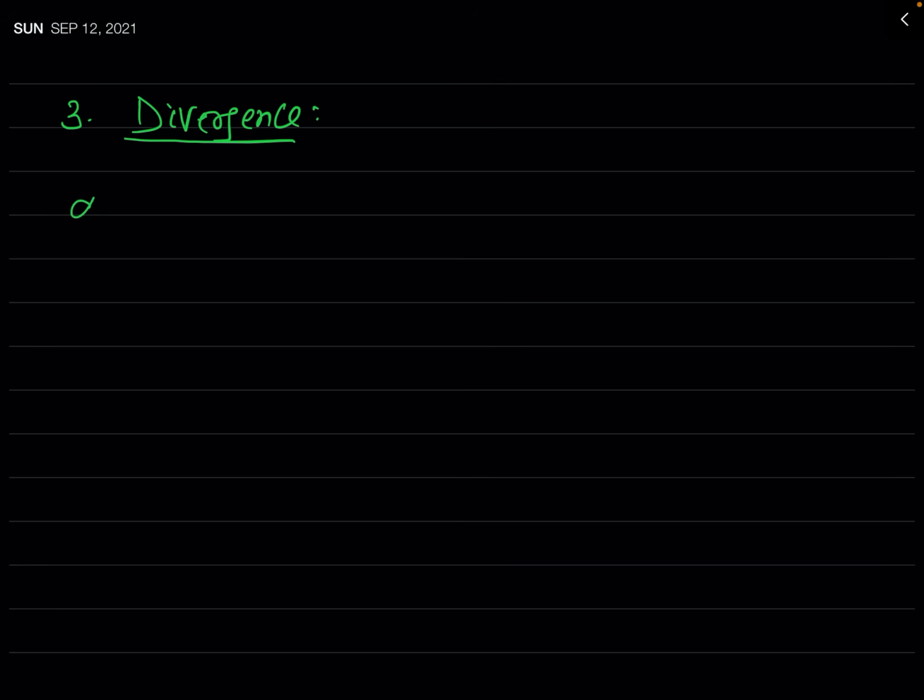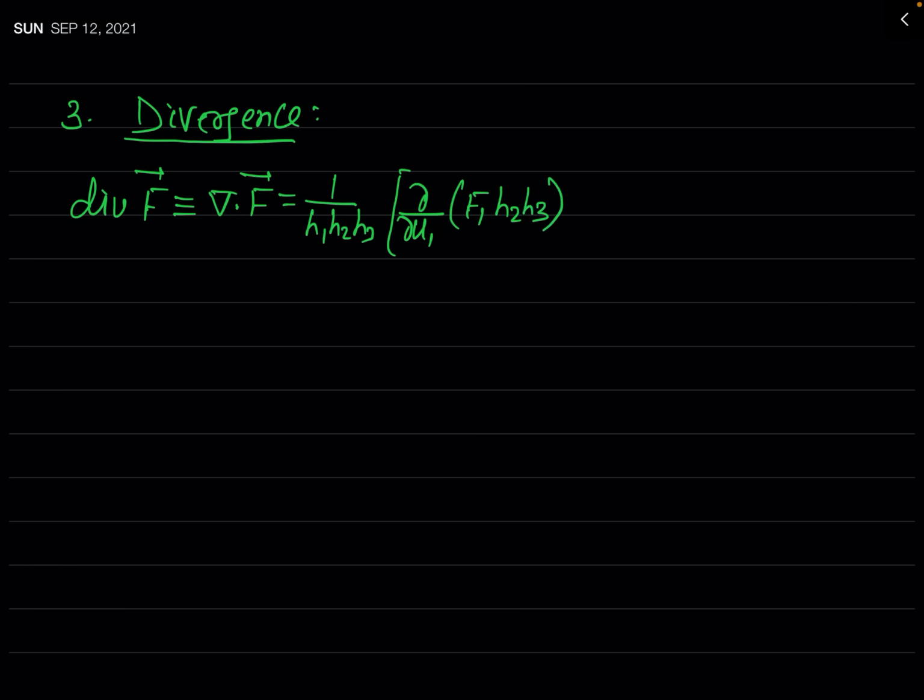Divergence of f, which is equivalently written as del dot f, is defined as 1 over h1 h2 h3 times del by del u1 of f1 h2 h3, plus del by del u2 of f2 h1 h3, plus del by del u3 of f3 h1 h2.